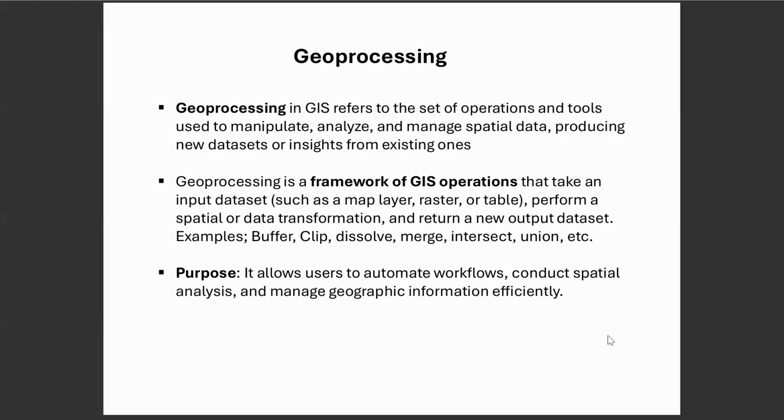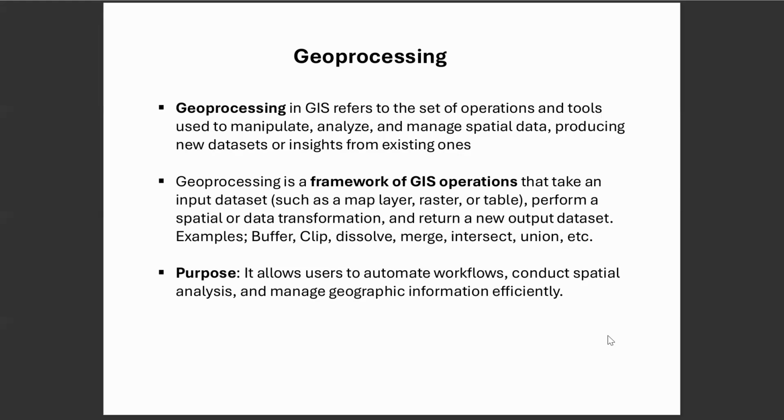It's going to return a new layer to you. So when we are doing geoprocessing analysis, you have an input layer, then you specify the analysis that you want to do. In the end, it returns a new layer to you.